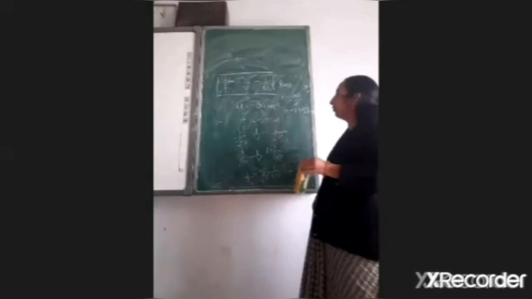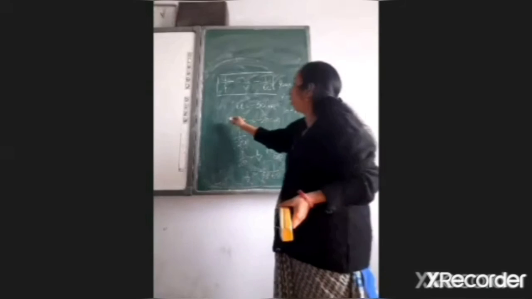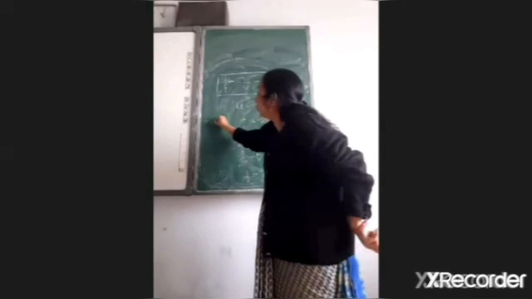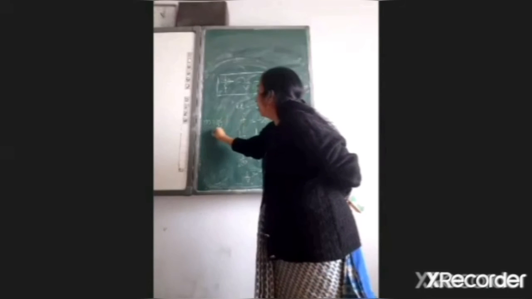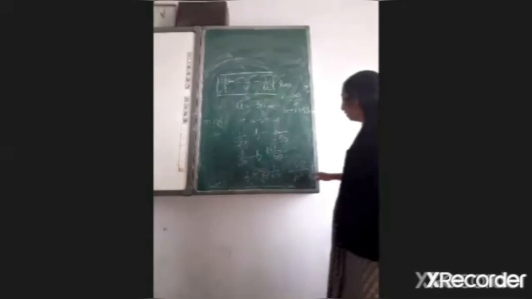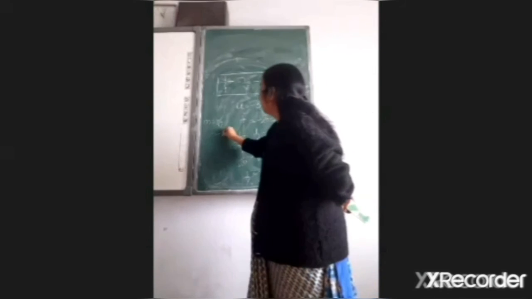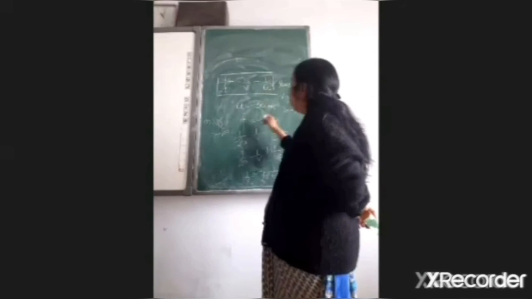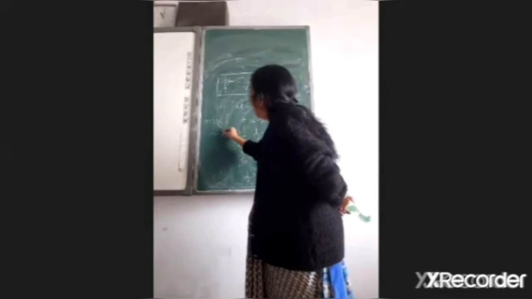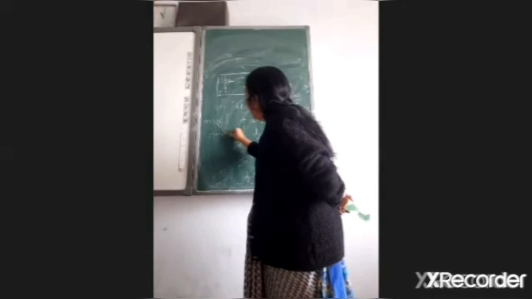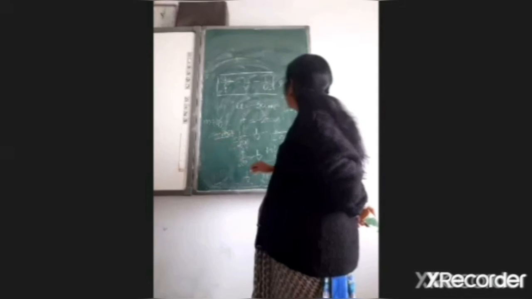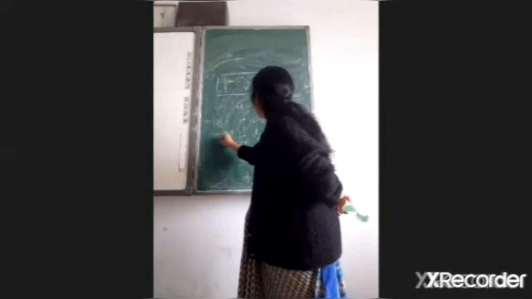So for magnification, we will use the formula m is equal to v upon u. So we will take here minus 100 upon 7, or you can take it as 14.28, no problem. Minus 14.28, and u we have, what is u? Minus 50.